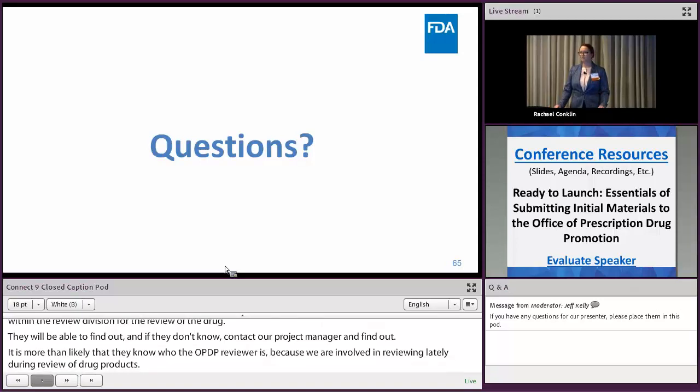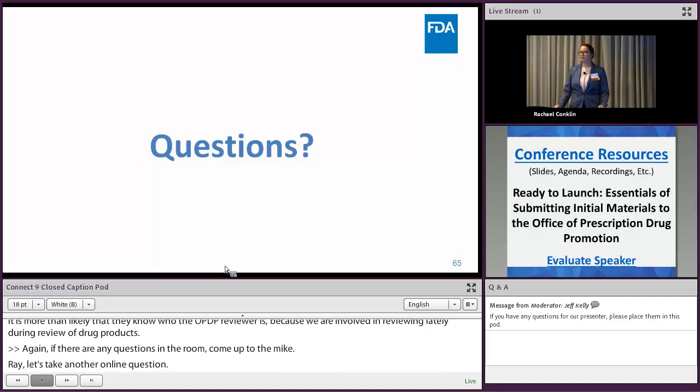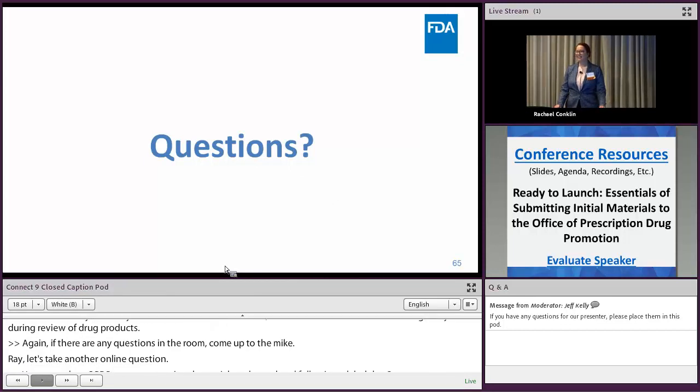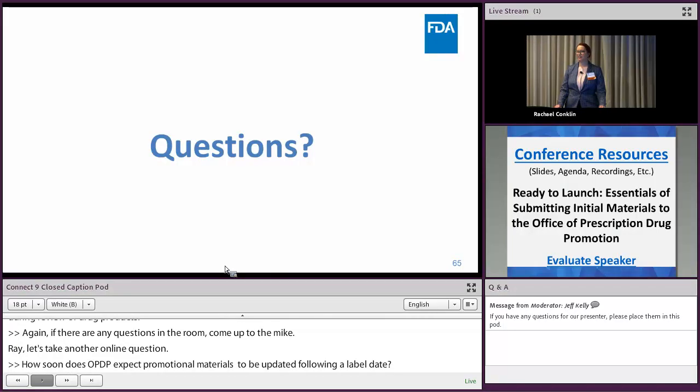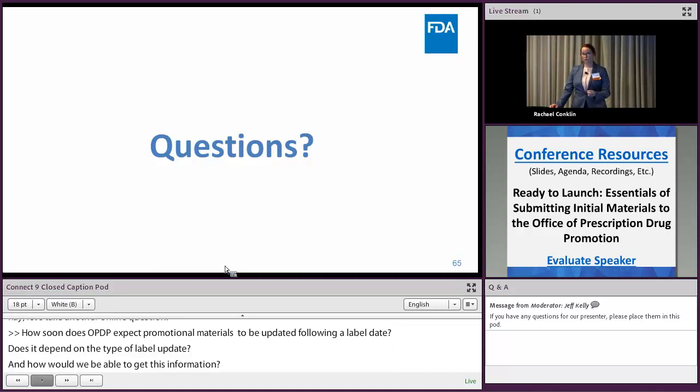How soon does OPDP expect promotional materials to be updated following a label update? Does it depend on the type of label update, and how would we be able to get this information? There is not a specific time requirement for the updating of promotional materials.